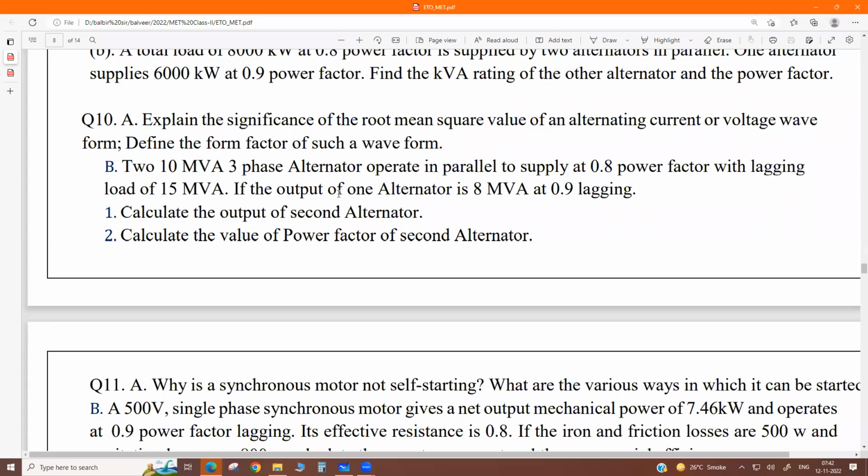If the output of one machine is 8 MVA, calculate the output of the second and the power factor of the second. So here we require both MW and MVAR. We can calculate megawatt and megavolt ampere, then power factors too. It is also easy, 10B.